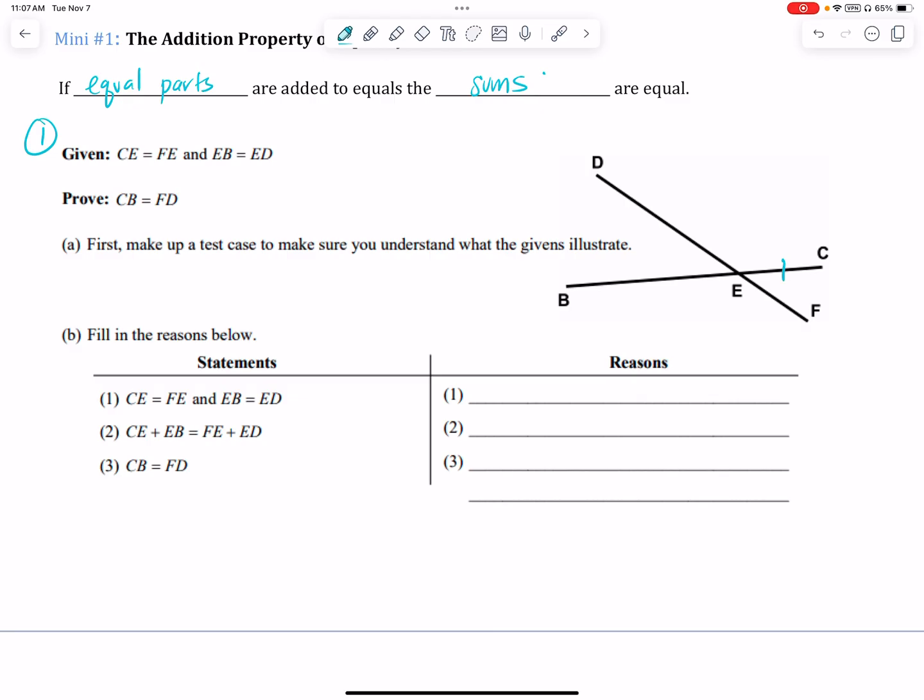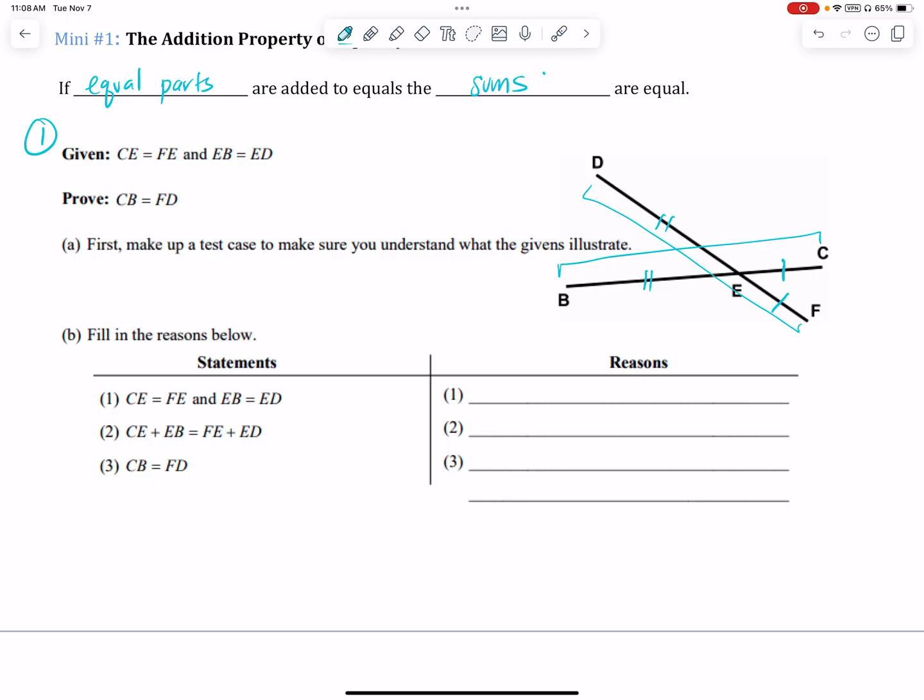CE is congruent to FE, and EB is congruent to ED. Don't forget, these dashes mean this whole segment, even though they're in the middle of the segment. Prove that CB, the whole, is congruent to FD, this whole segment.